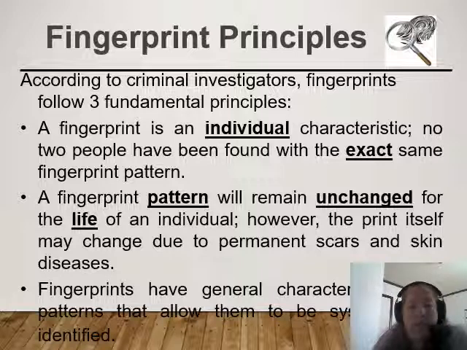First, a fingerprint is an individual characteristic. No two people have the exact same pattern.